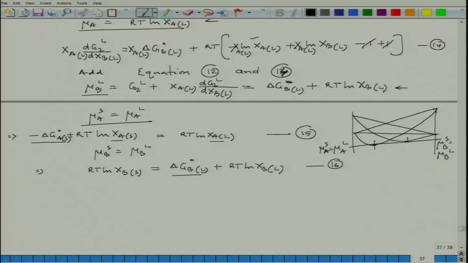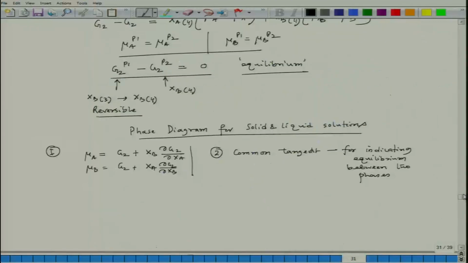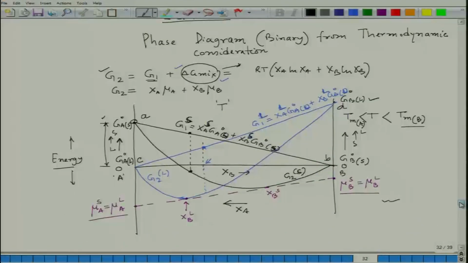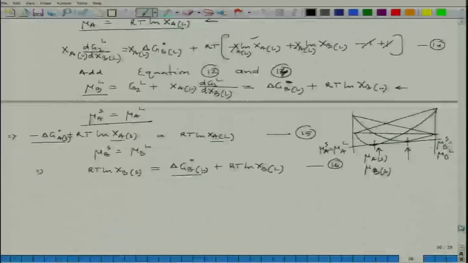Now I am pointing these two lines, these two points. At this point I can have mu A solid, mu B solid, this particular composition, and this particular one, this is for solid, this is for liquid.